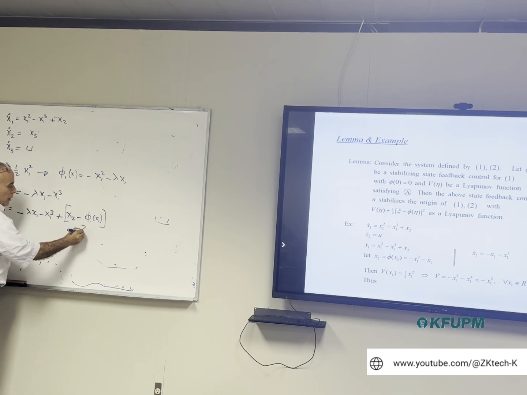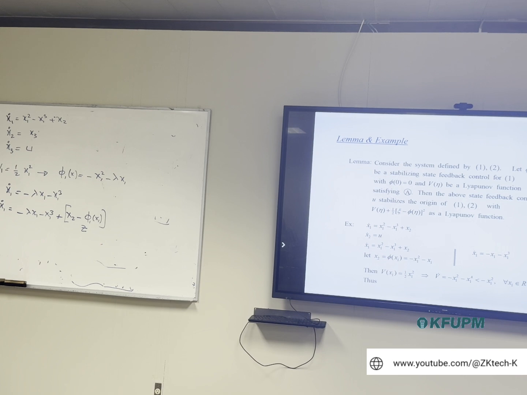And this I'm going to call Z1, because there is another Z coming. Z1 prime will be equal to x3 minus phi 1 prime as a function of x1.